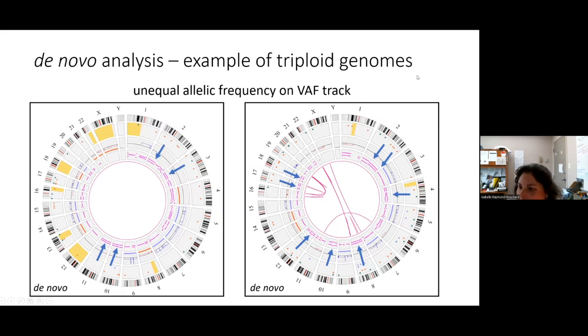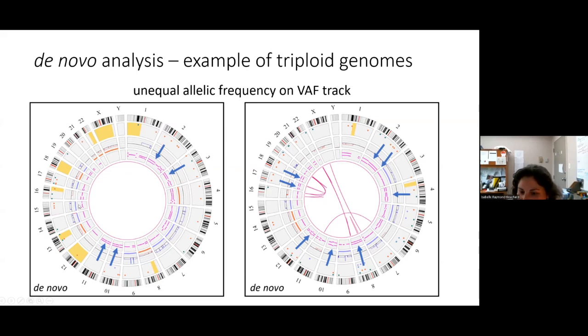When we have triploid genomes, we see these show up on de novo, when we look at chromosomes that don't have too many calls or SVs or CNVs, we can actually see that they split because we have an unequal allelic frequency because we've got triploid genomes with 3 alleles.